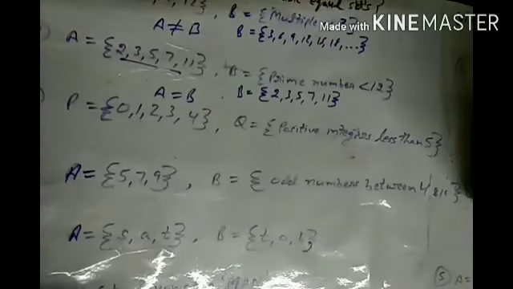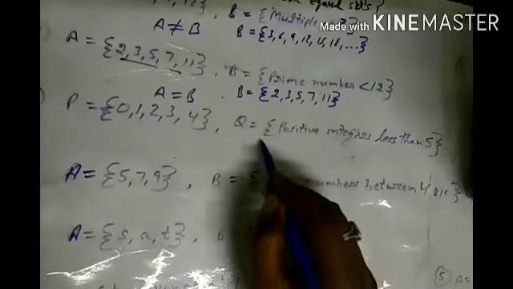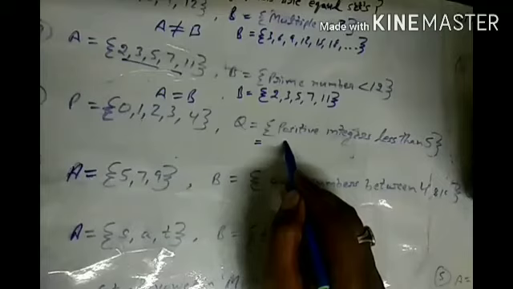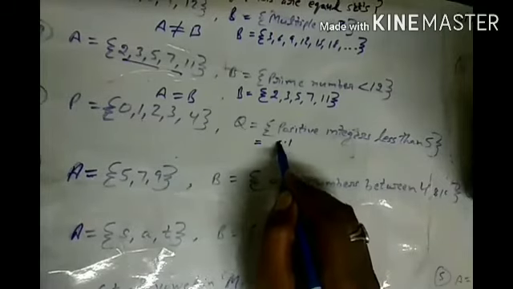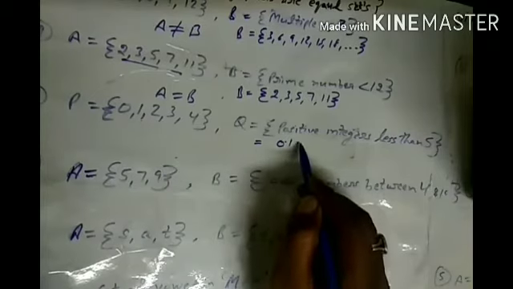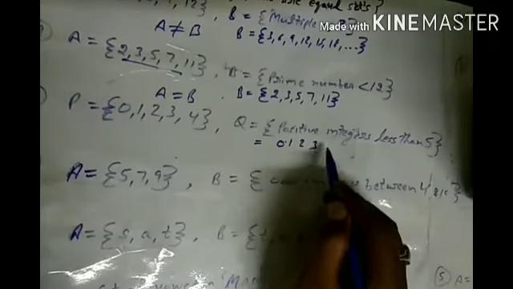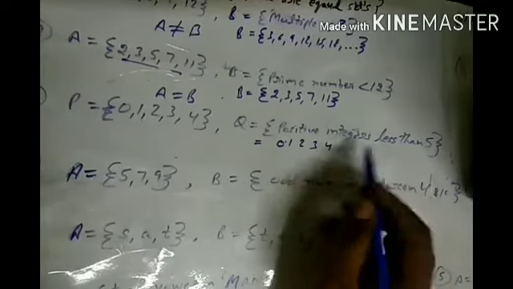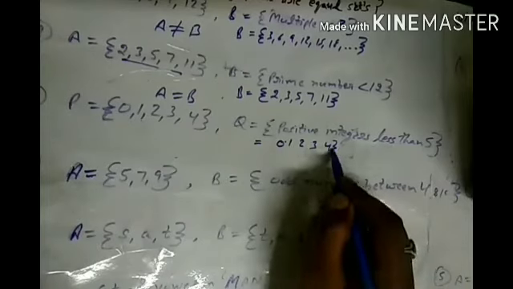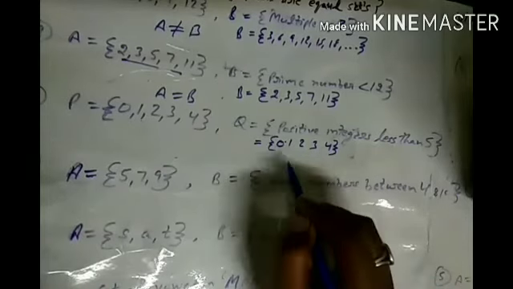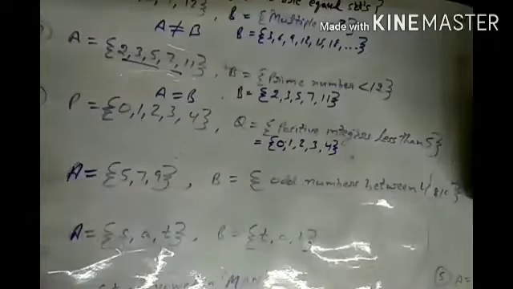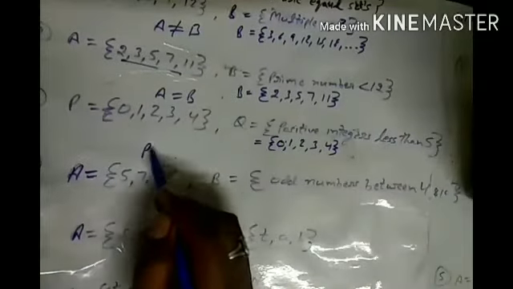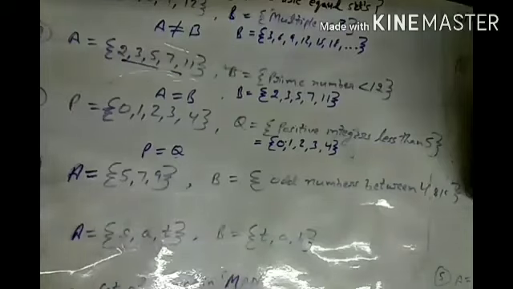Positive integers less than 5 are 1, 2, 3, 4. These are less than 5. Here you will see that all the members are the same. So I will write set P is equal to Q.